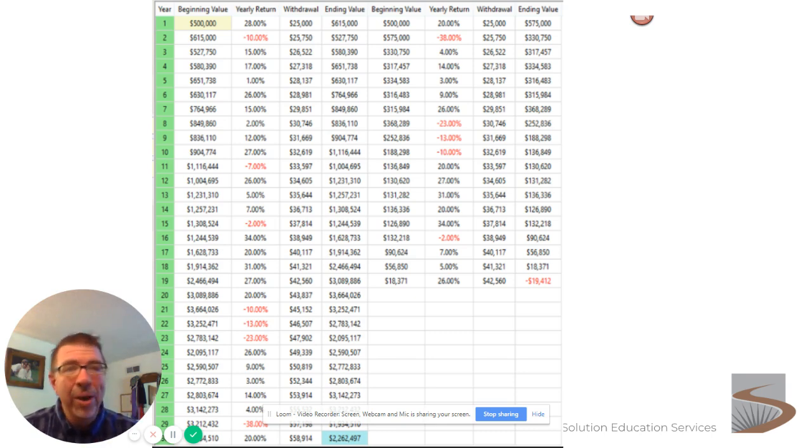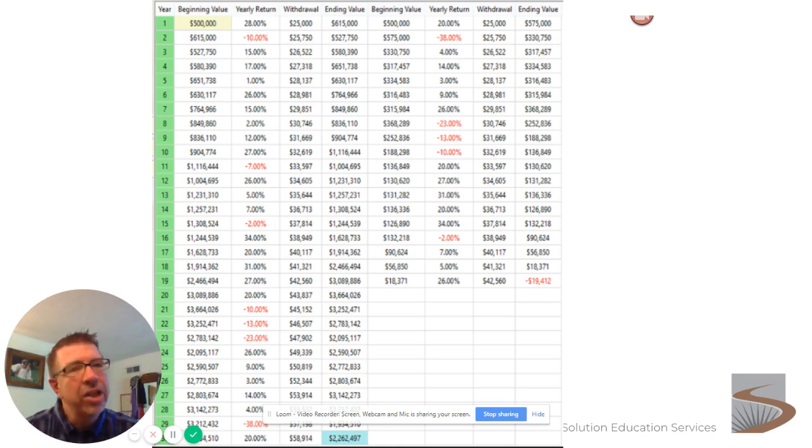So when the market later recovers, I own fewer shares that are able to benefit from the recovery. That's completely different from the accumulation phase of life, where I'm not selling shares at all. I'm buying shares, and during a bad market I'm buying even more of them because they're on special, they're discounted.